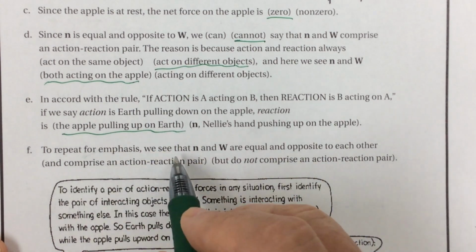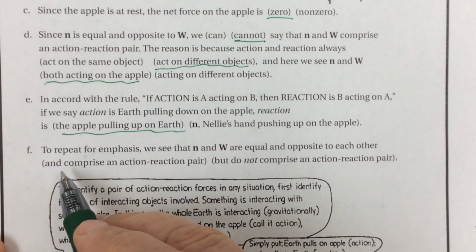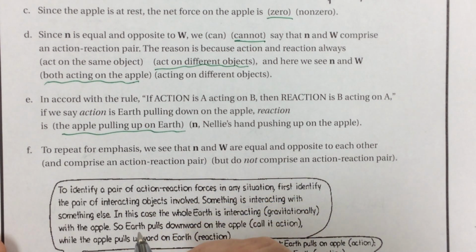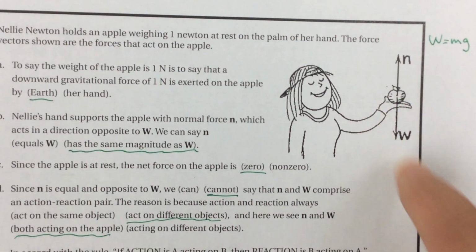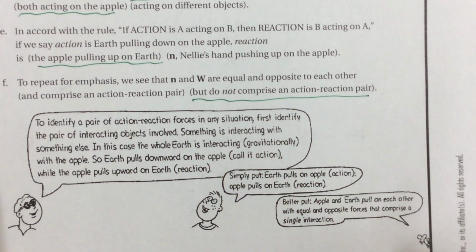To repeat for emphasis, we see that N and W are equal and opposite to each other, and do they comprise or do not comprise an action-reaction pair? Back here, N and W. They do not comprise an action-reaction pair.